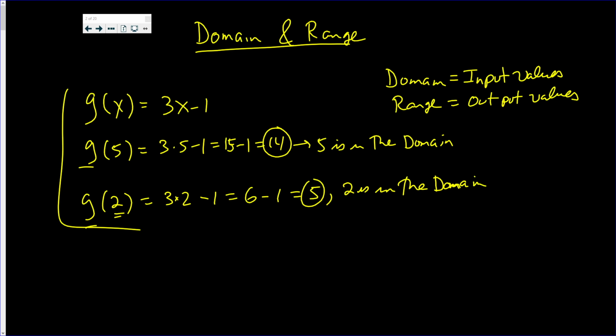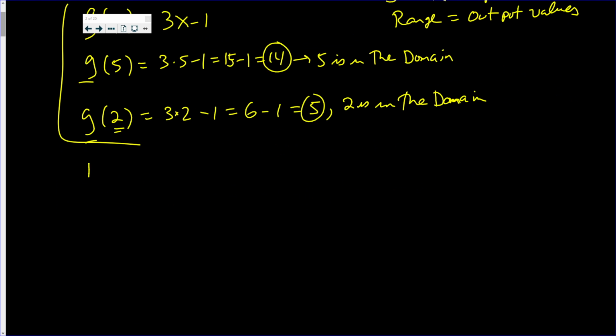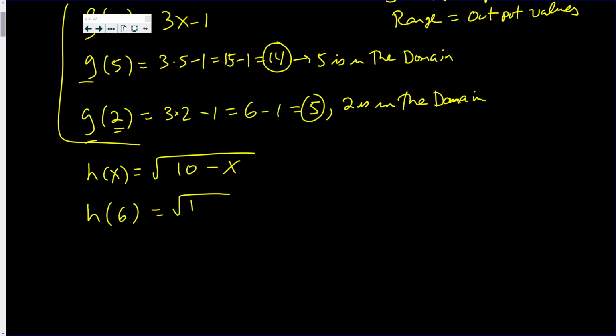Now, if I give you h of x is the square root of 10 minus x, well, let's see. H of 6 is the square root of 10 minus 6, which is the square root of 4. I can even break that down.